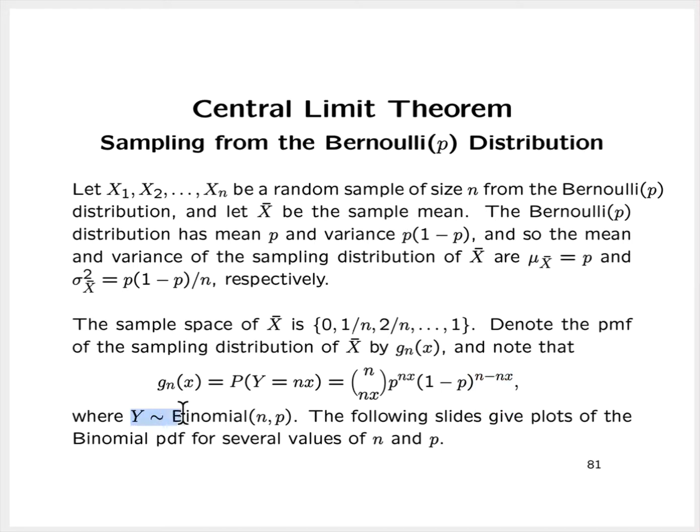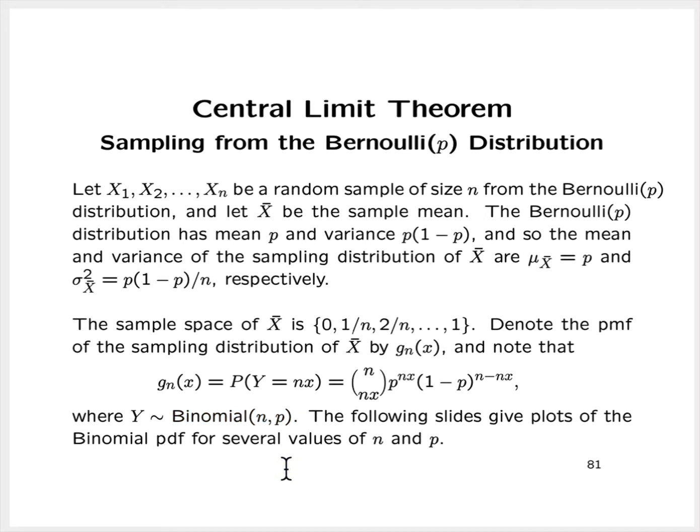And again, y, which I'm using to denote the sum of the x's, the numerator of the sample mean x bar, has a binomial distribution with parameters n and p. So n trials and success probability p.